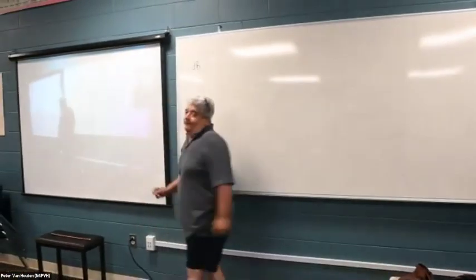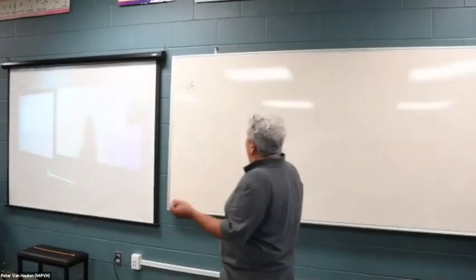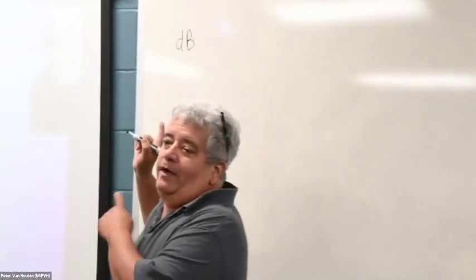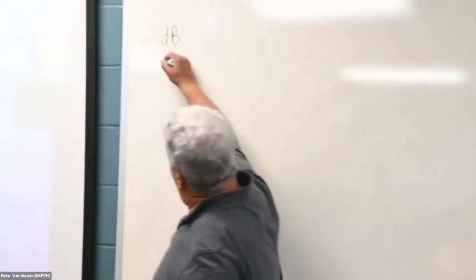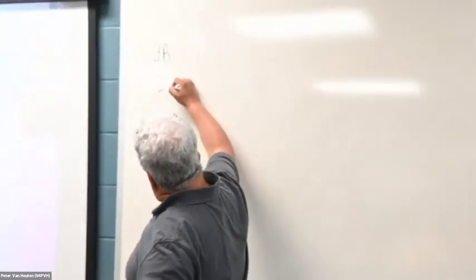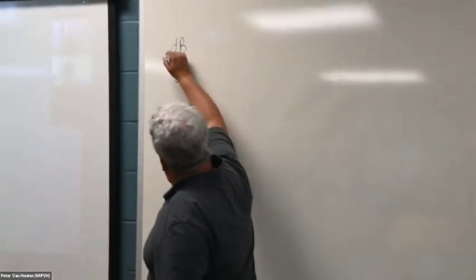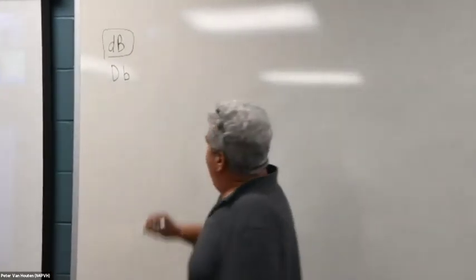The decibel. This is the right way to write it. Not with capital D and lowercase b, or any other combination. This is the only one that is correct. Why?